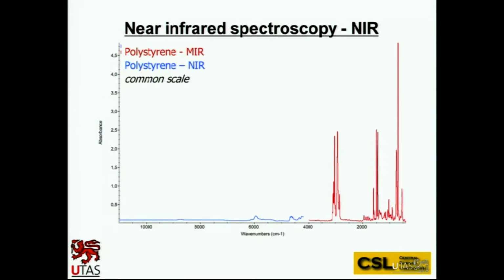So not very well defined, broad peaks, not very intense. And what it actually is, they're not direct measurements, they're actually combinatorial and overtone peaks out of that mid-infrared region. So if you've got a certain frequency, let's say about 2,900, you double it, you get a peak at about 5,800, which is sort of an overtone, and you get combinatorial peaks.